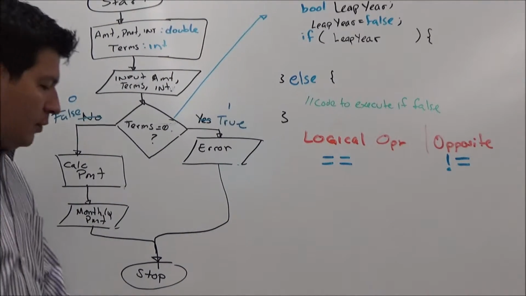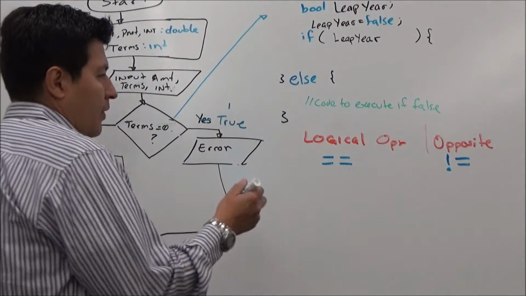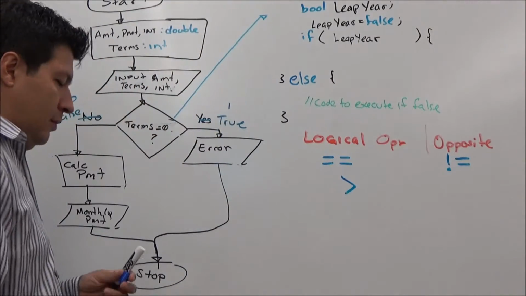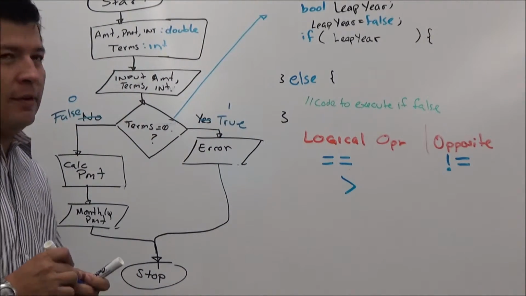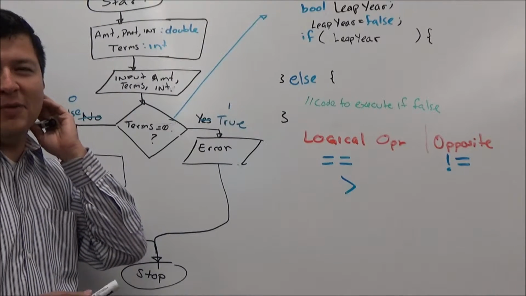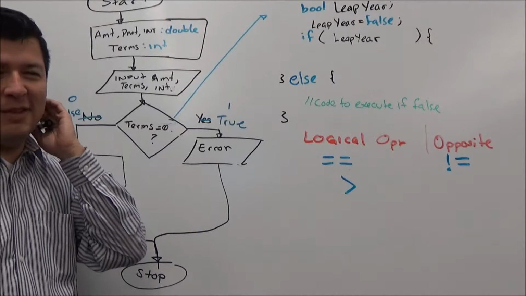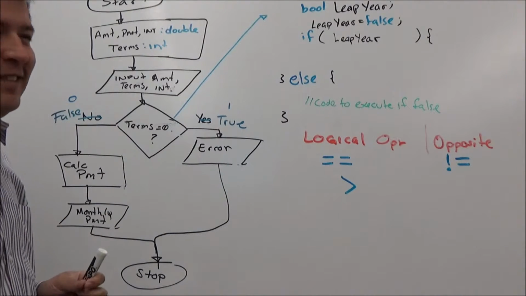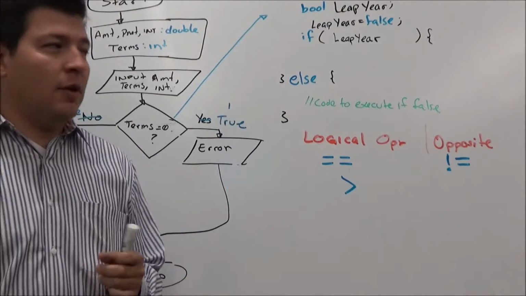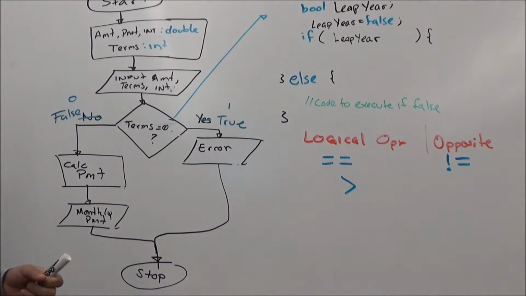So obviously, if I say greater than, usually nobody tells me the right answer. What's the opposite of greater than? Less than? No. Equal? Oh, what is it? Equal to? No. I got excited for a second.